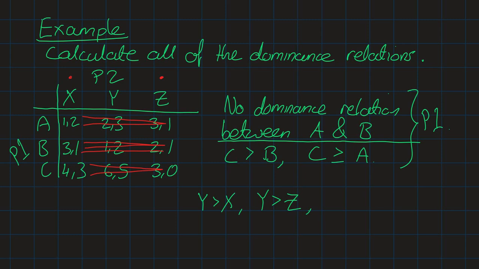So this means that X is always the better than or equal to choice as opposed to Z. Okay? Playing X, you're always going to be in a better than or equal to position than if you play Z. So this translates to the fact that X weakly dominates Z. And these are the dominance relations for player 2.